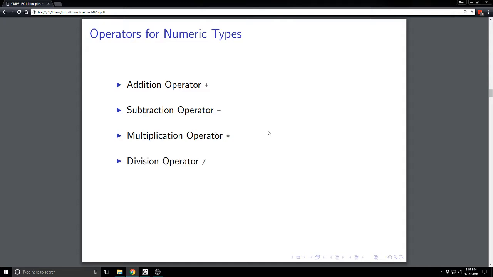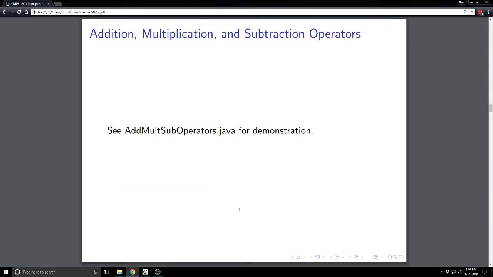All of those are familiar to you most likely, and the one that you might not be familiar with is the remainder operator. First, let's talk about the addition, multiplication, and subtraction operators. Those are fairly straightforward, and they work exactly the way that you would expect.